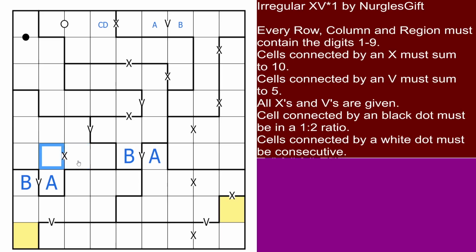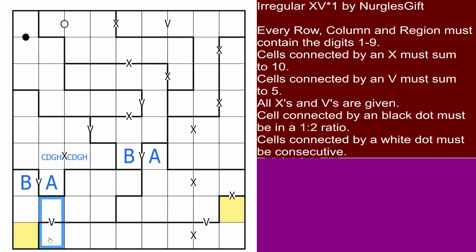That means this cannot be from AB. So this must be the other two small digits, which is CD, and then whatever is the opposite of CD on the 10 line, which is GH. So this is either CG or DH, but it cannot contain B or A. So CD, GH.